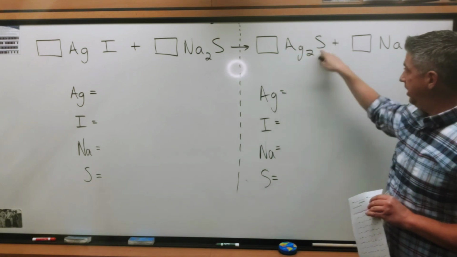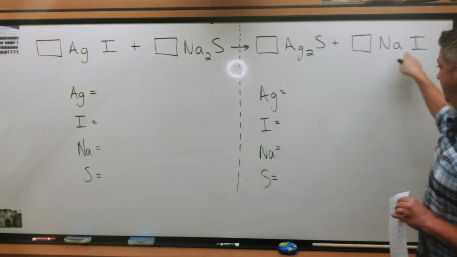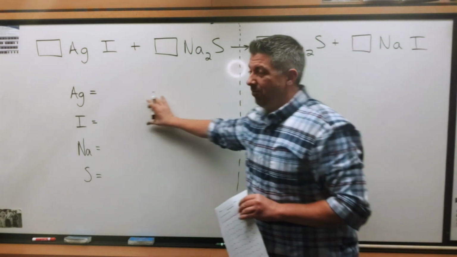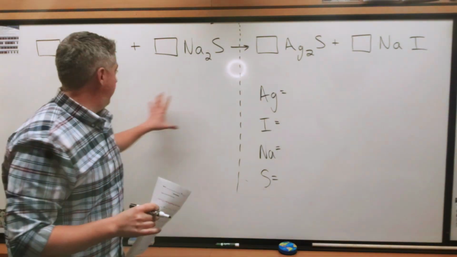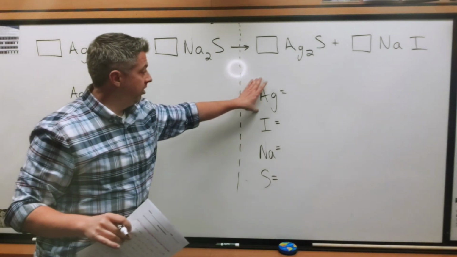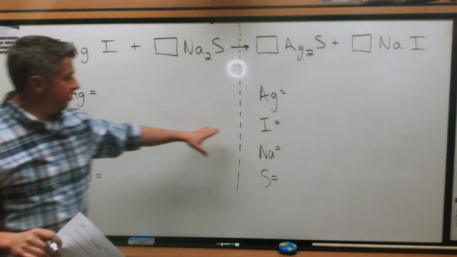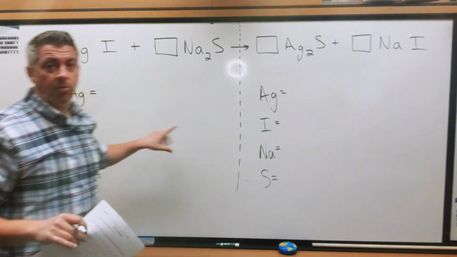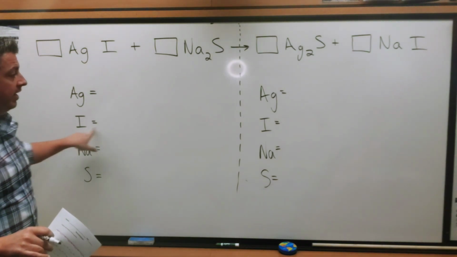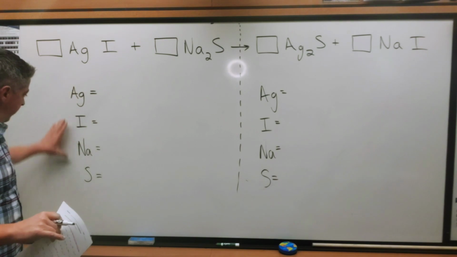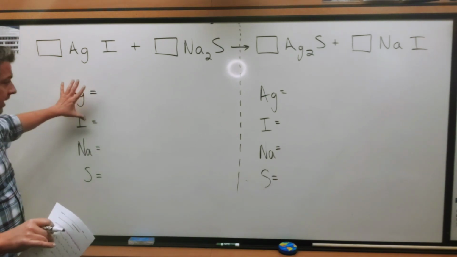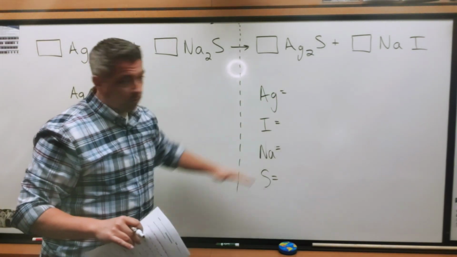I could put Ag, then S, then Na, then I, but then these won't match. So it sets me up for failure because when I'm comparing silver with silver, what if these aren't the same ones and I'm busy looking at the number without realizing that this one is I and this one was S, for example. So when I take inventory, whenever I write something here, I copy the exact same order.